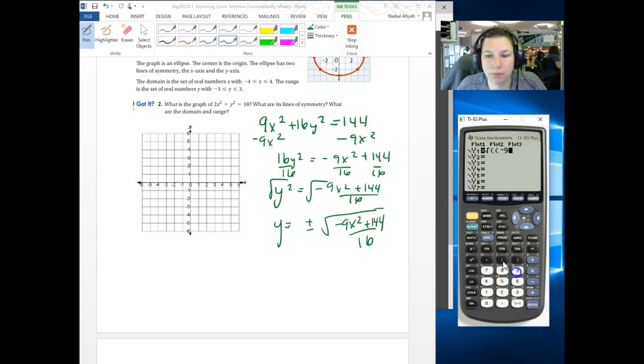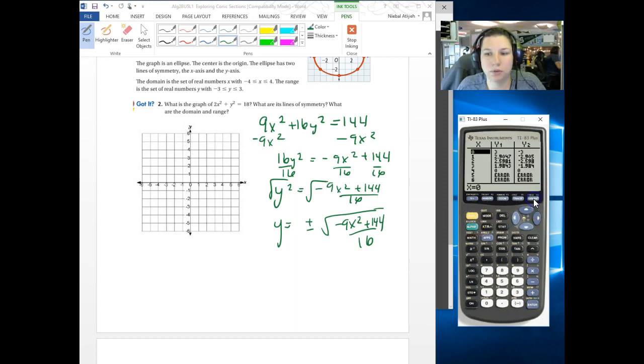I need an extra set of parentheses here though, because we have divided by 16. And then the negative. And then you can graph it.